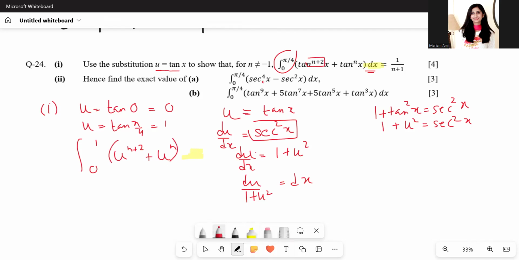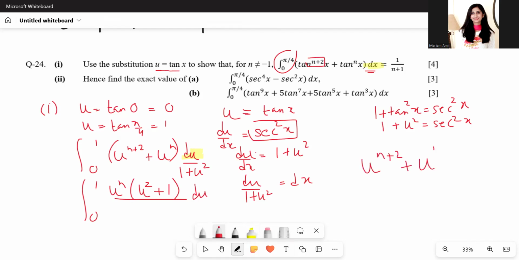Let me use brackets here: du over 1 plus u squared. Now notice in the numerator, we can take u power n common and then we'll be left with u squared plus 1. How did we get that? There's u power n plus 2 plus u power n in the numerator. This can be split into u power n times u squared plus u power n. And now when you take u power n common, you're left with u squared plus 1.